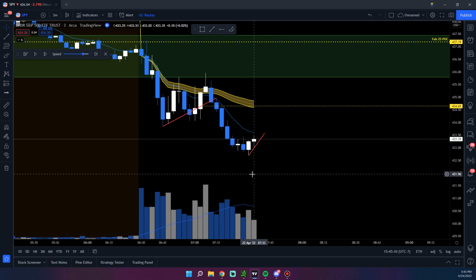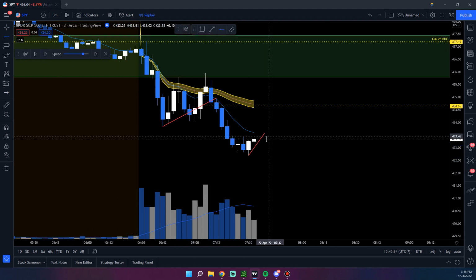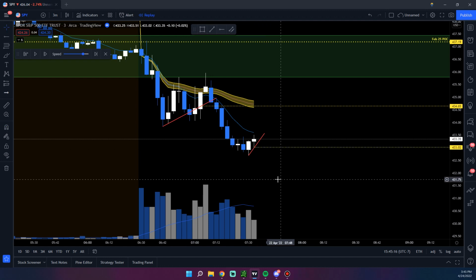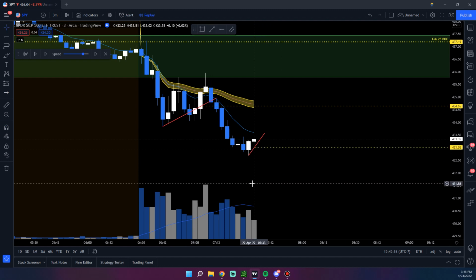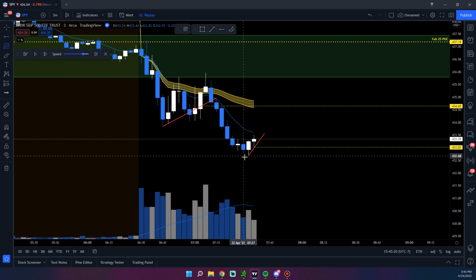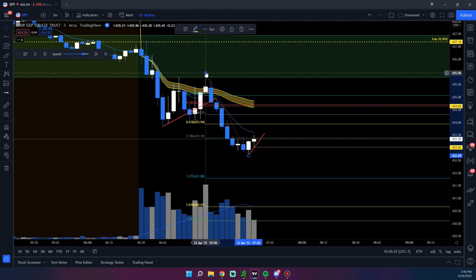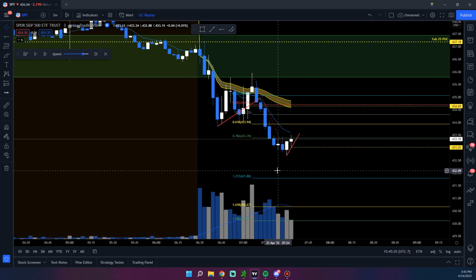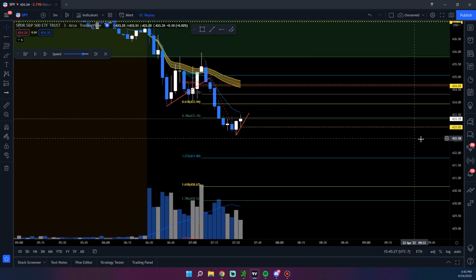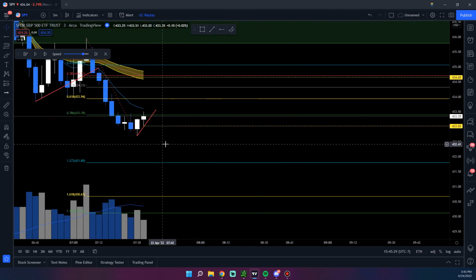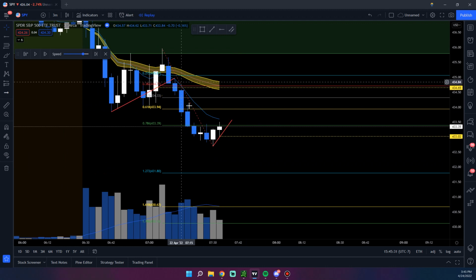As of right now, our safe entry is going to be a break of the last touch of this candle. We're going to draw our fibs from bottom to top. For anybody that this isn't making sense to, you'll want to go through my playlist. I've covered how to trade flags pretty extensively.